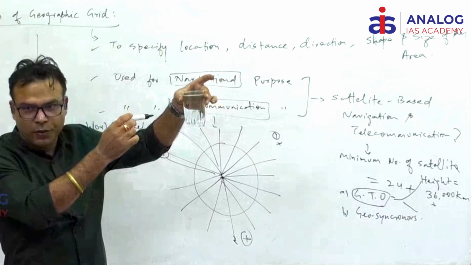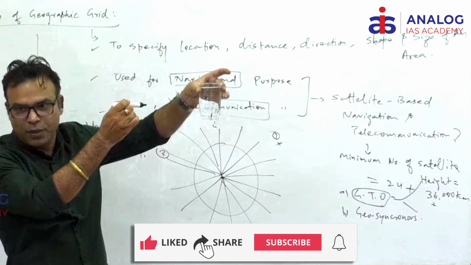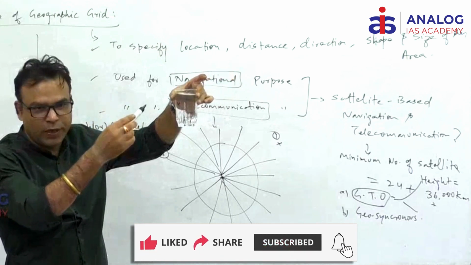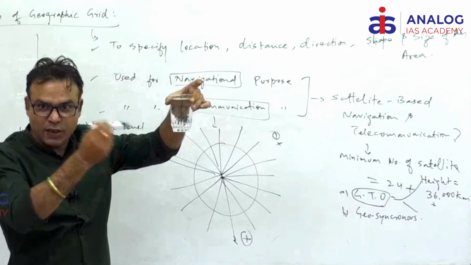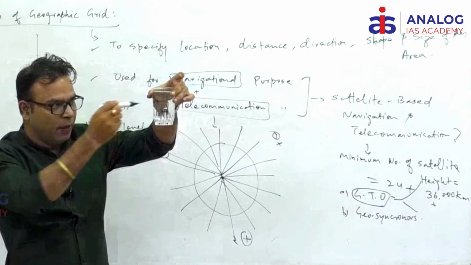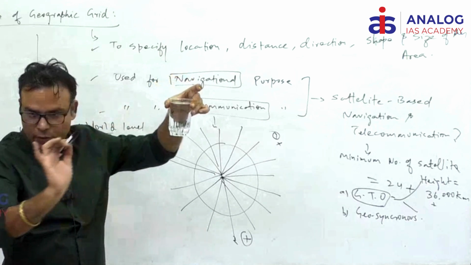Now Earth is spinning on its own axis. So if the satellite is fixed, this point will be moving away from the site of this satellite. So to keep an eye on this always, 24/7, the satellite should not only be stationary, it is also moving along with it. Isn't it?